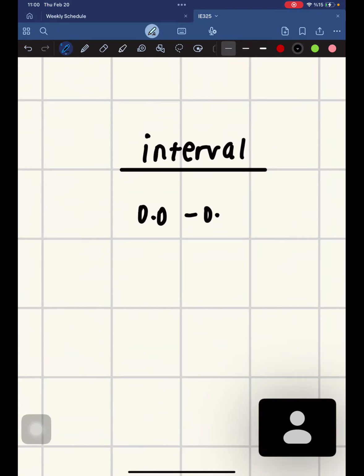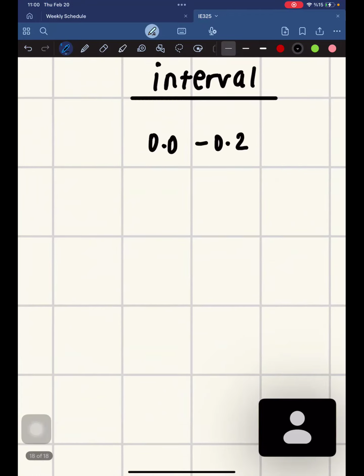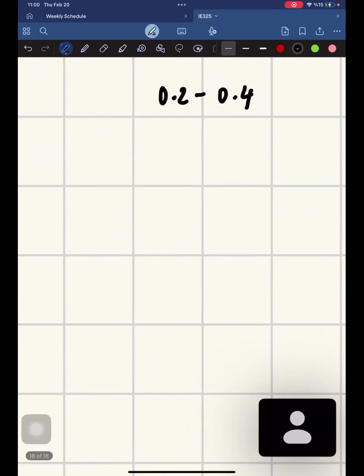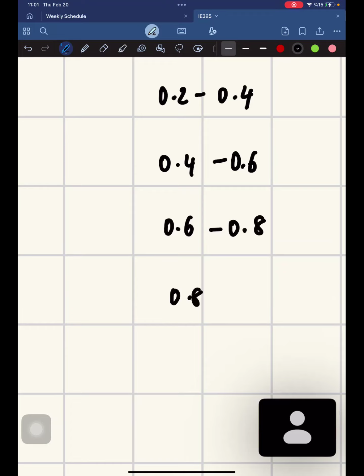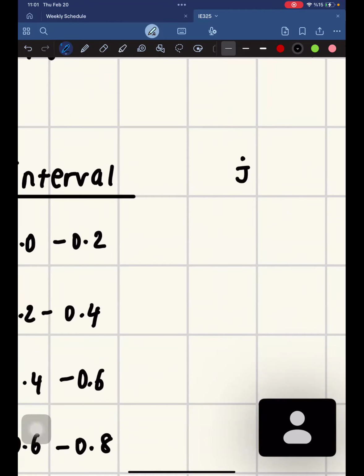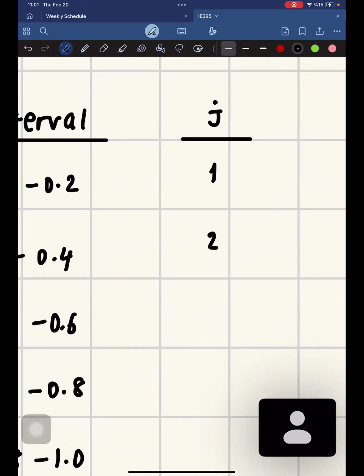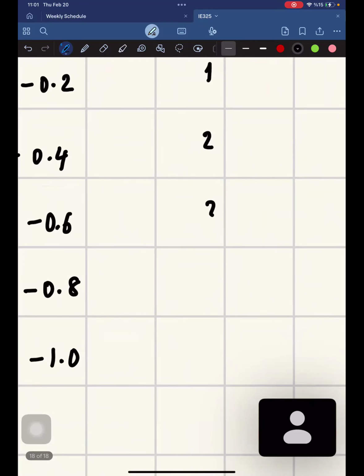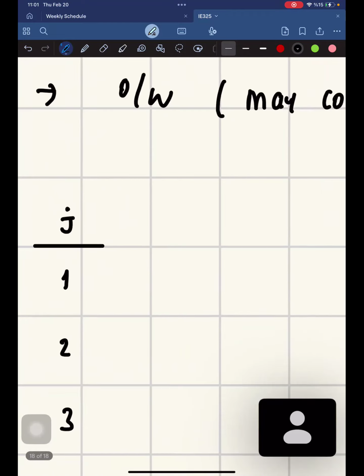These intervals are of equal length. Now these are my bins, and we have j here.